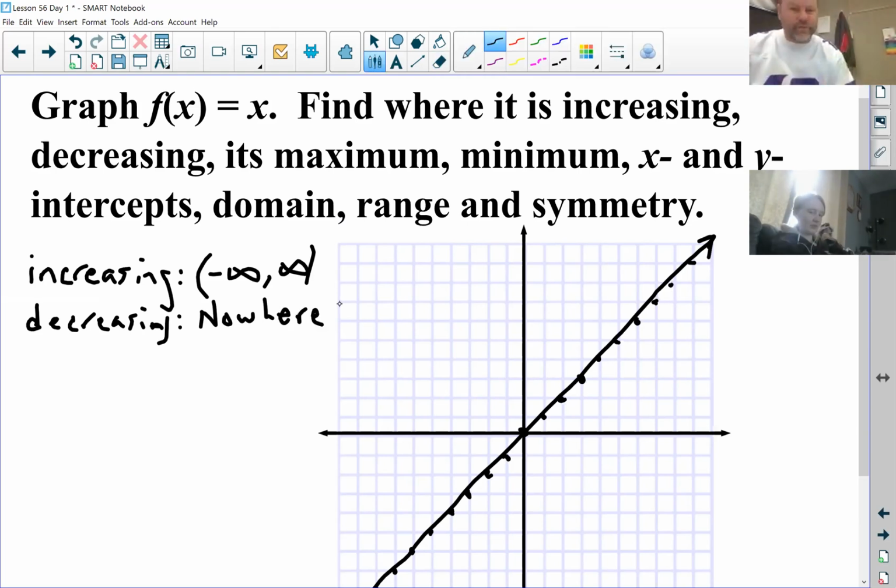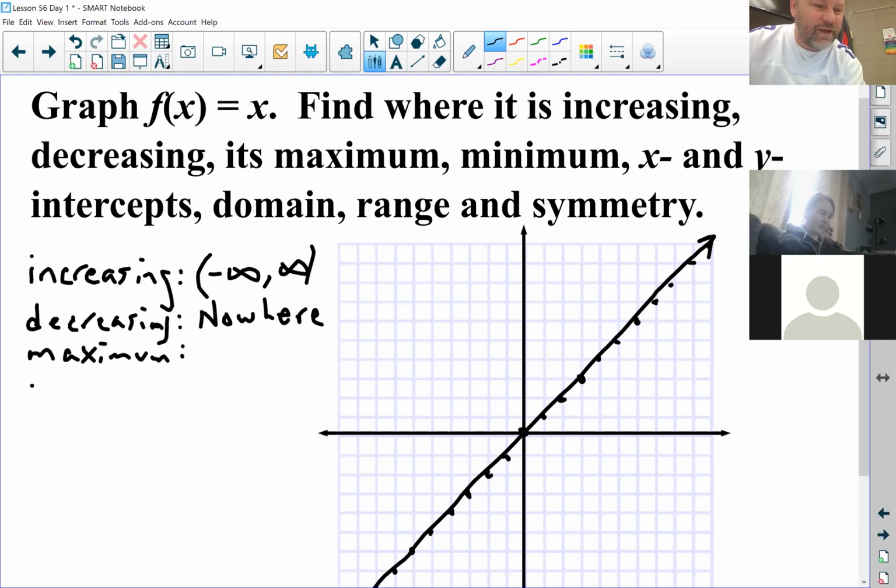There we go. That's a little bit better. All right. What about minimum and maximum values? Would the minimum be negative infinity and the maximum be positive infinity? That is a great thought.